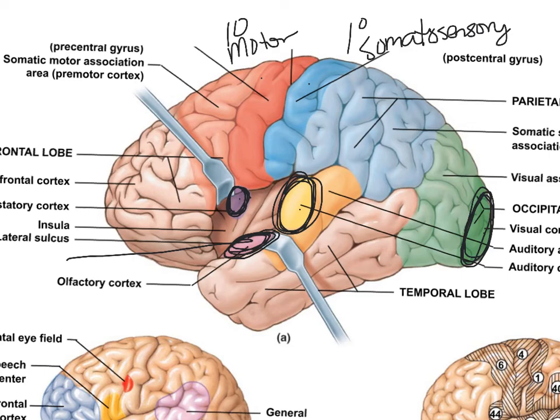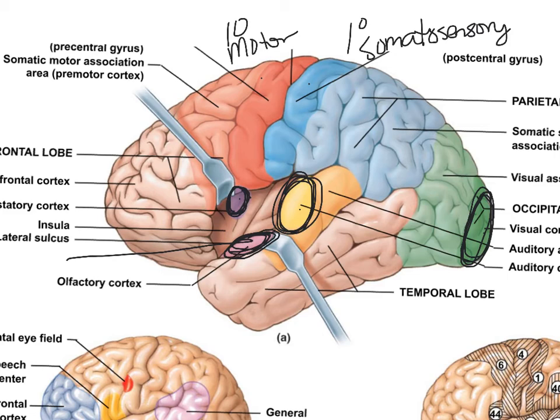Now, in addition to those, we have the association areas. The association areas help you to interpret whatever information came in. We have several different sensory association areas, and then we have one motor association area. Let's first look at the sensory association areas.